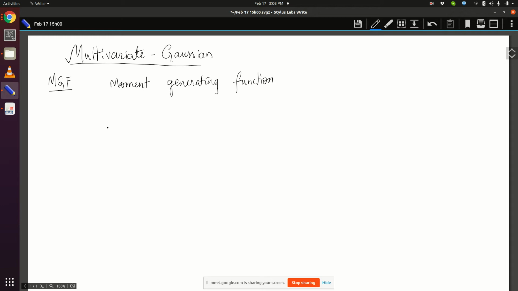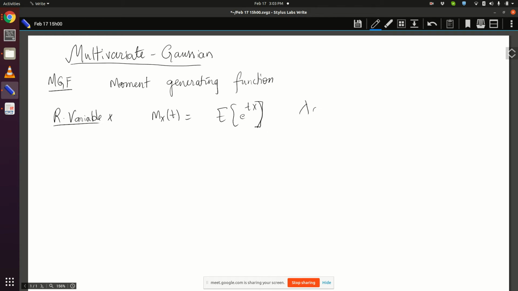We didn't prove it, but the idea is that all the moments will be similar, and as a result they will have the same distribution. So for a random variable x, the MGF M_x(t) is defined as E[e^(tx)]. And we saw an example.